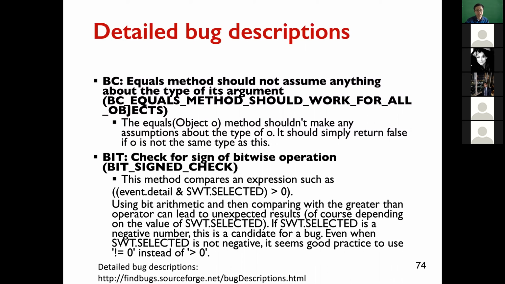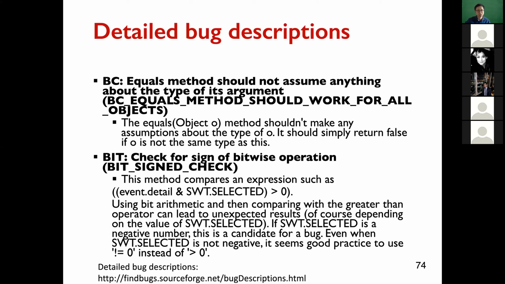The second is BIT, which checks the sign of a bitwise operation. With a bitwise operation, you want to do a bit operation such as AND or OR on two bit vectors, or just two bits. You shouldn't check the sign of the result of the bit operation.